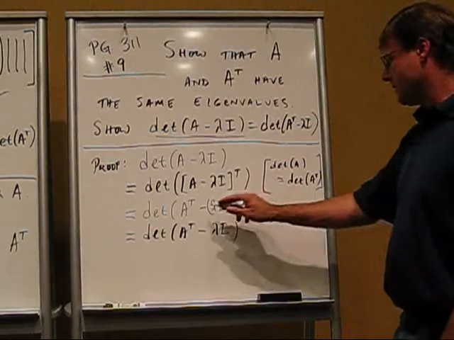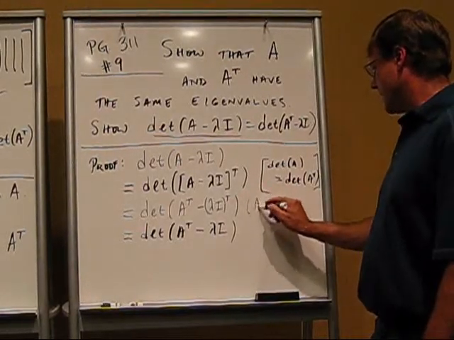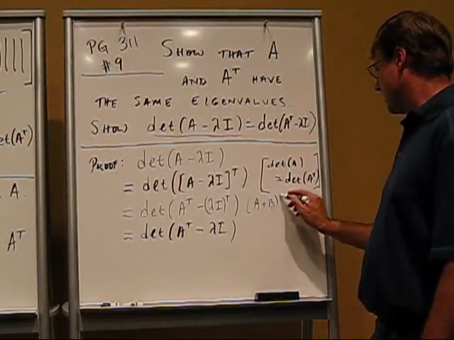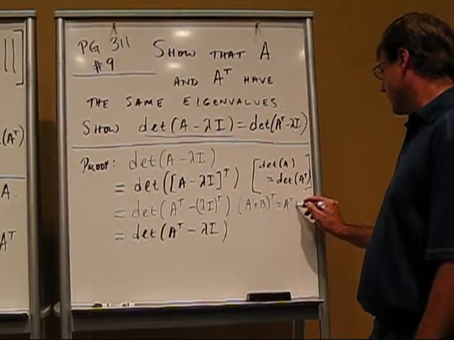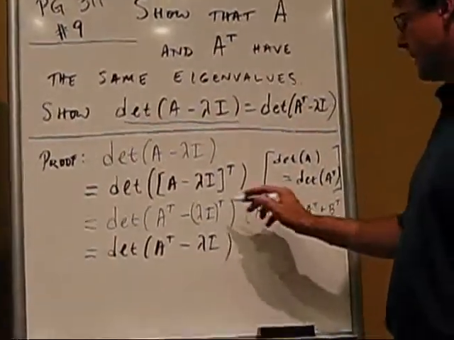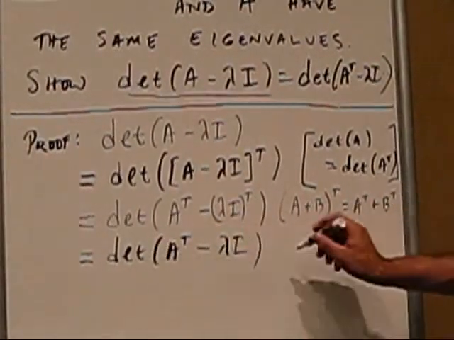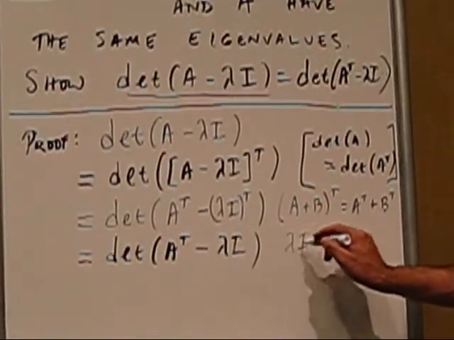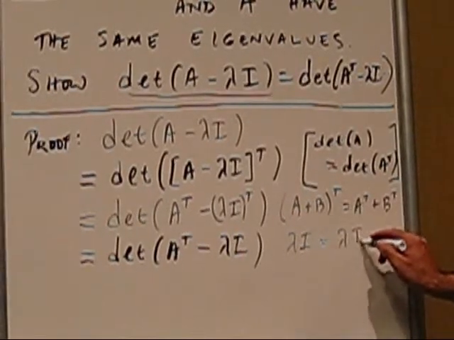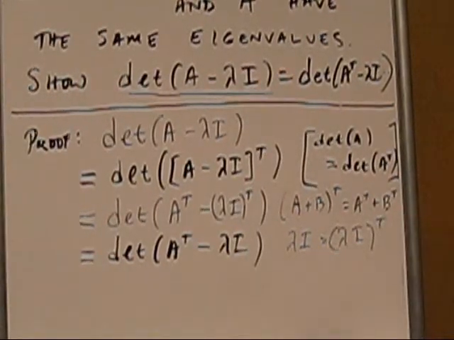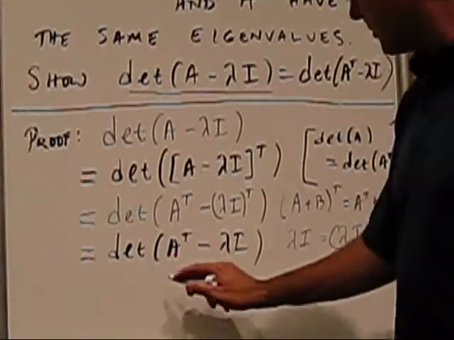So here's the justification for this step. This is (A plus B) transpose equals A transpose plus B transpose. That's the justification for this step. And the justification for this last step is that lambda I is equal to lambda I transpose, as we saw. Okay, so the proof is complete.